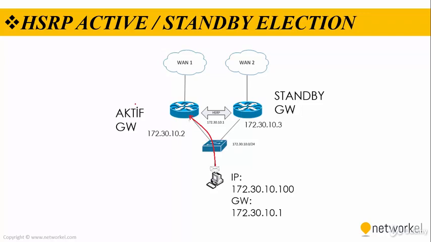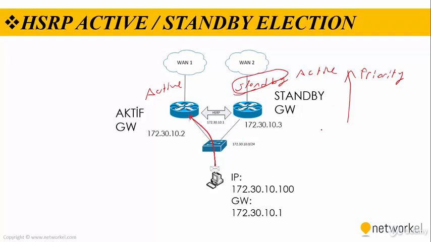Okay, let's say that this one is active again and this one is standby. If I want to change the roles, if I want to make this one active, I need to increase the priority value of this router. When I increase the priority value, this one will be active and traffic will flow in this direction instead of this direction.